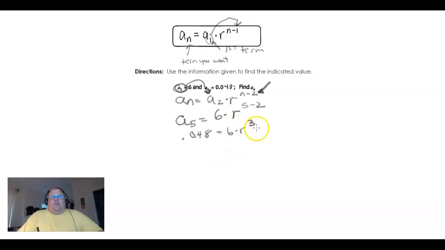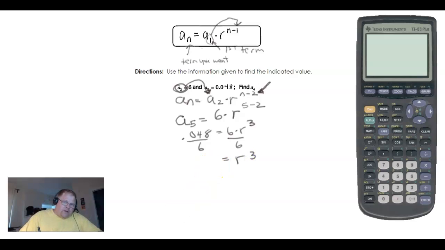Alright, so we need to solve equations here. So we're going to divide both sides by 6. Then we have r cubed equal to, let me grab my calculator. 0.048 divided by 6 is 0.008.